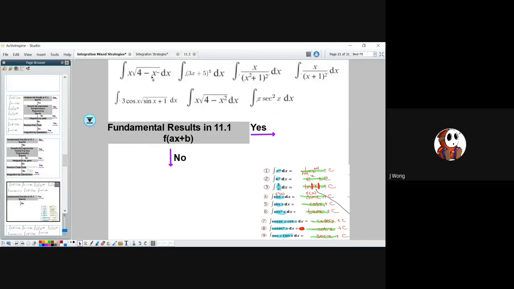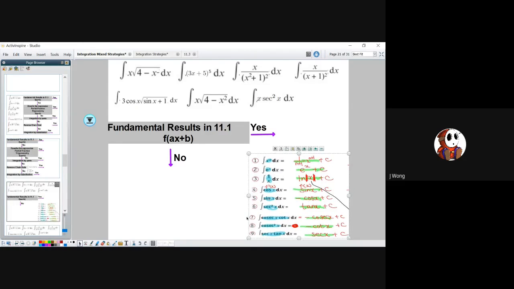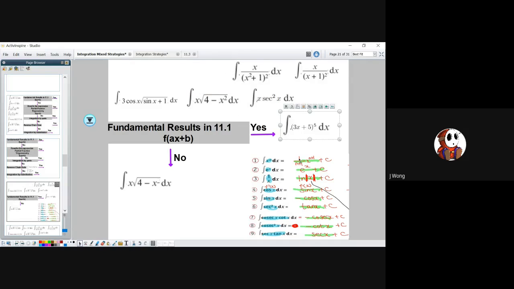So again, there are 7 integrals here, and let's see if there are integrals that match the format of the standard ones. For the first one, there's none of it that is in a square root form with an x in front. The second one is a power function in the ax plus b form. Good. That one, there's no fractions here apart from the third one, but it has to be a number on top.